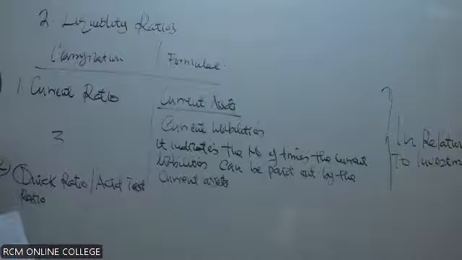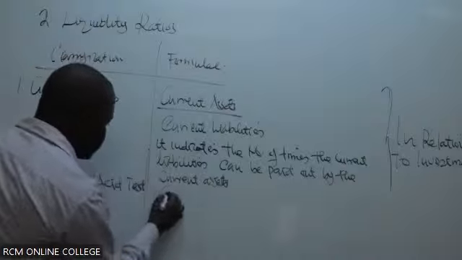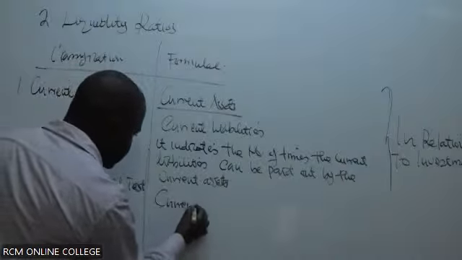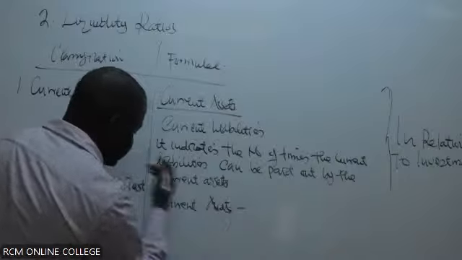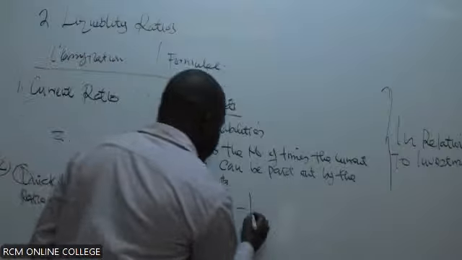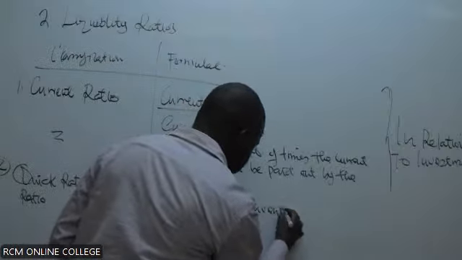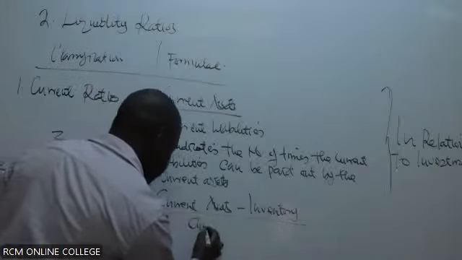So in this case, you take the current assets, you minus inventory or stock, then you divide by the current liabilities.